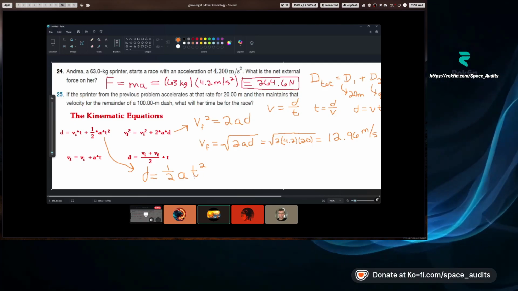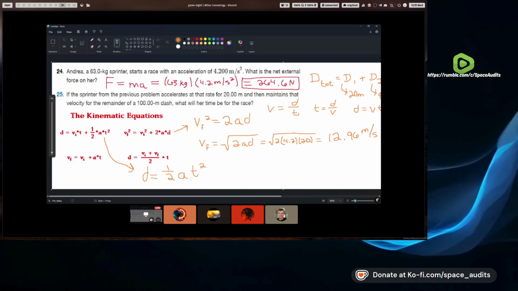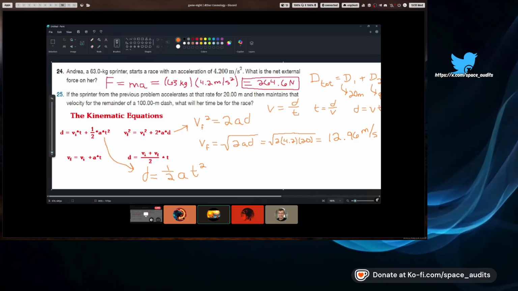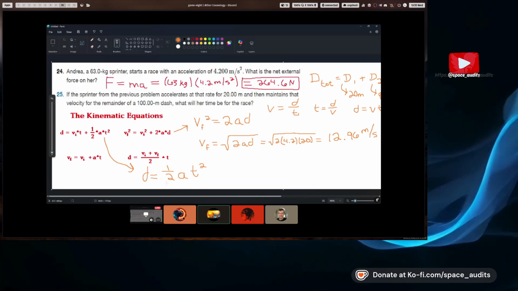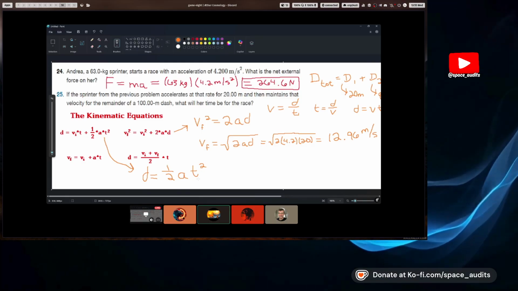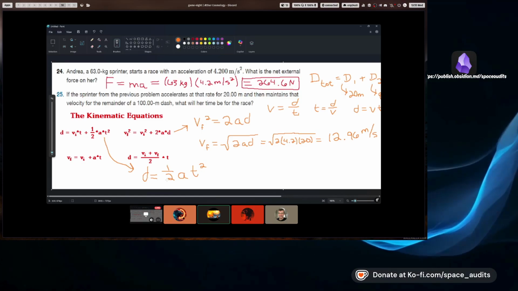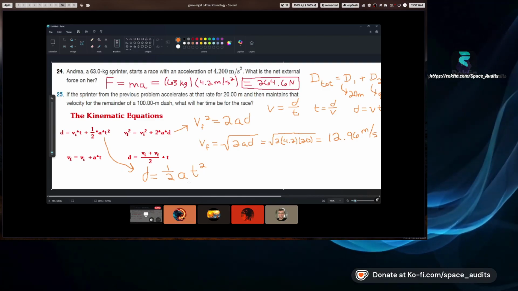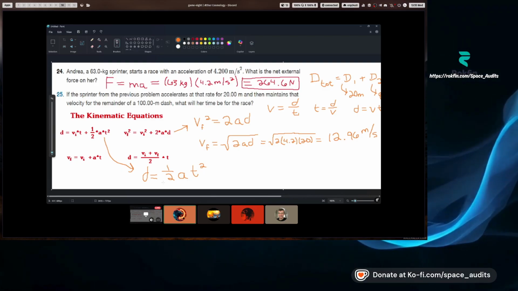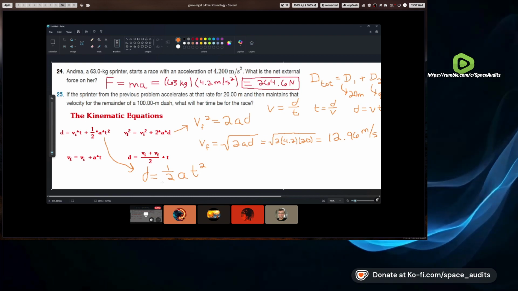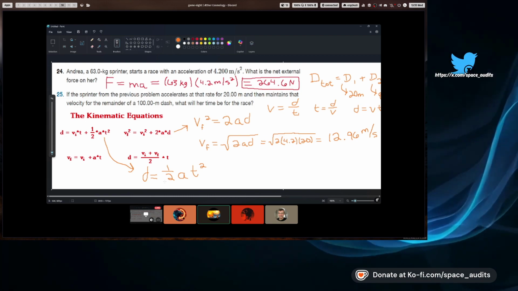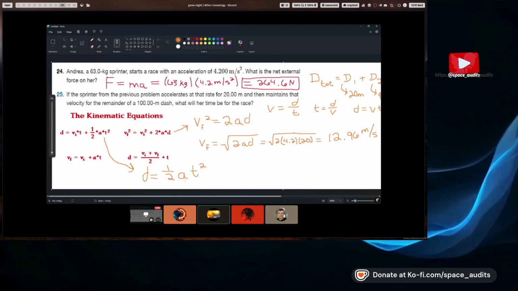So we need to get the t squared by itself on one side of the equal sign. So in order to do that, we can do a little algebra. So remember, in order to get things from one side of the equal sign to the other side of the equal sign, we can do what mathematical operation? Multiply. Right. And in this case, we would want to divide by a, right?